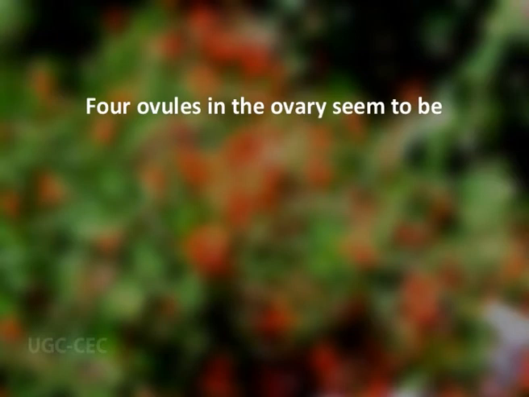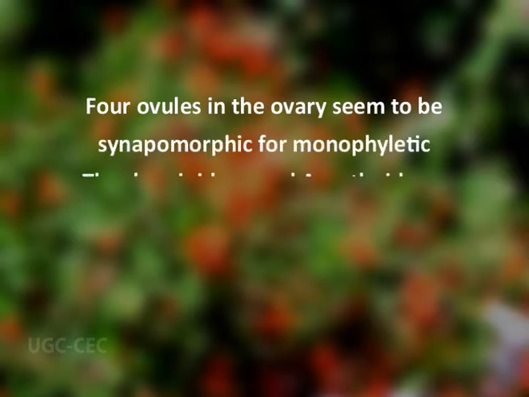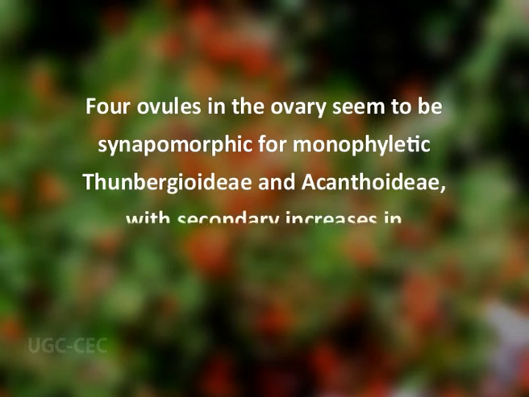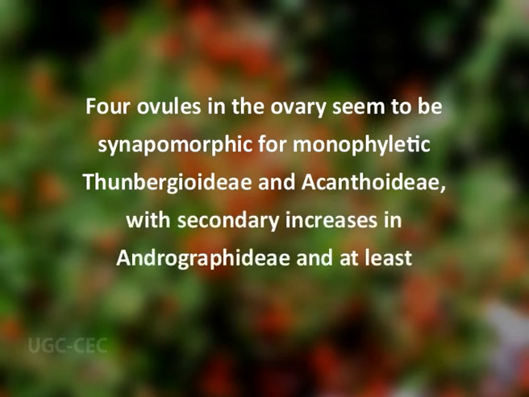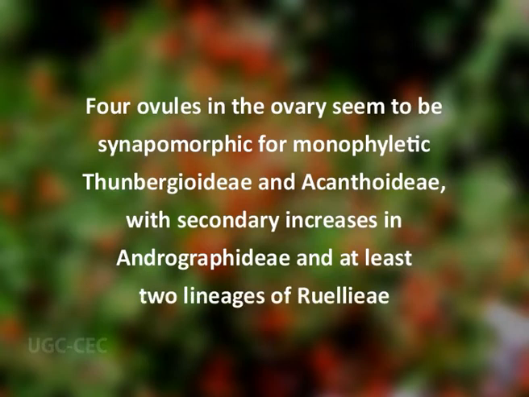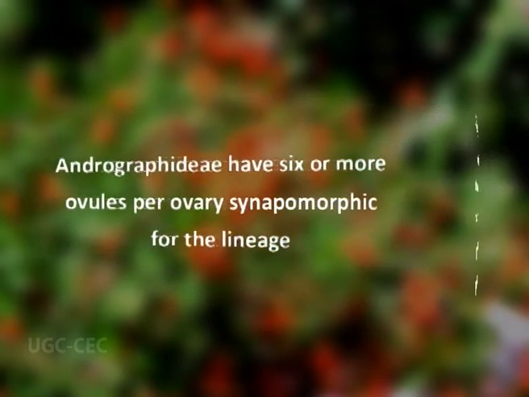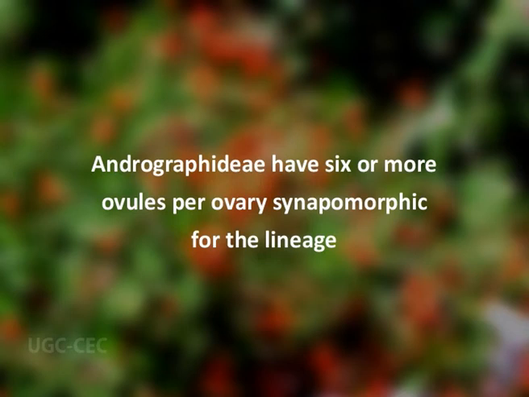Reduction to 4 seems to be synapomorphic for monophyletic Thunbergioideae and Acanthoideae, with secondary increases in Andrographideae and at least 2 lineages of Ruellieae. Andrographideae usually have 6 or more ovules per ovary, which appears to be a secondary increase in ovule number and synapomorphic for this lineage.